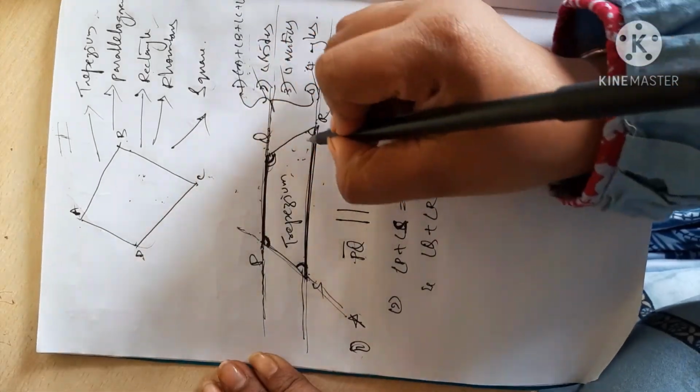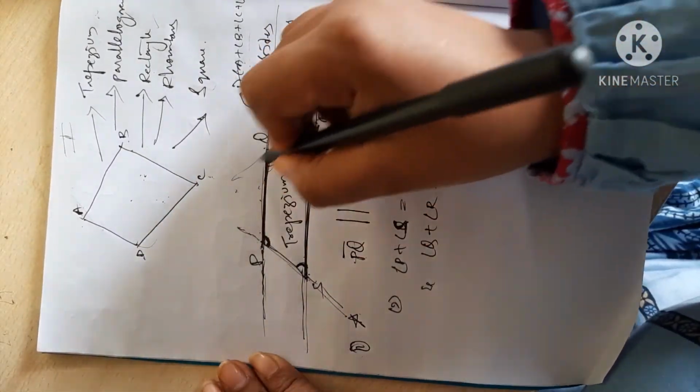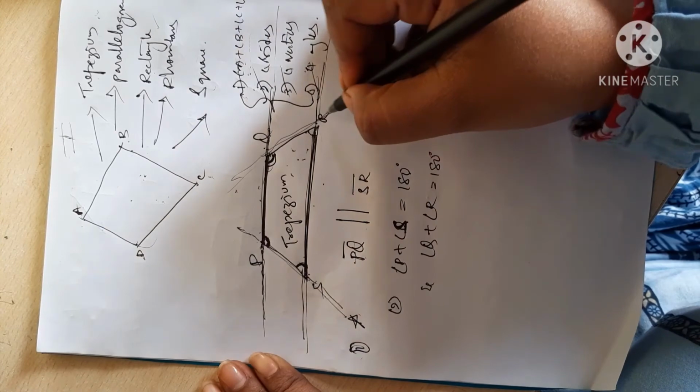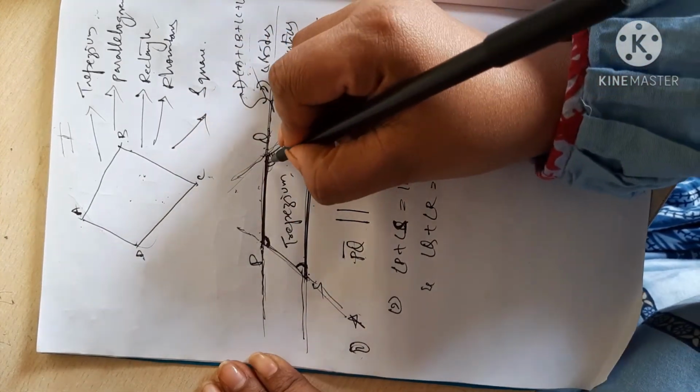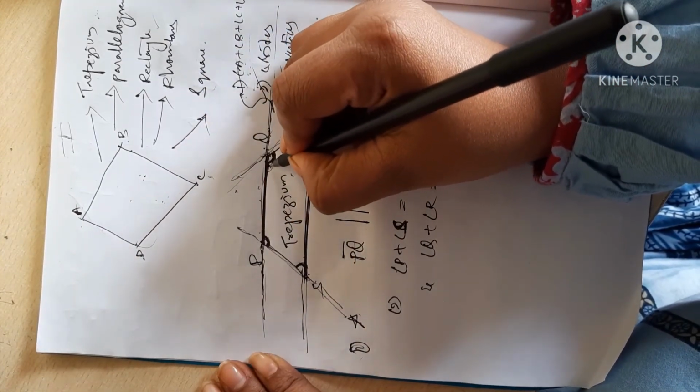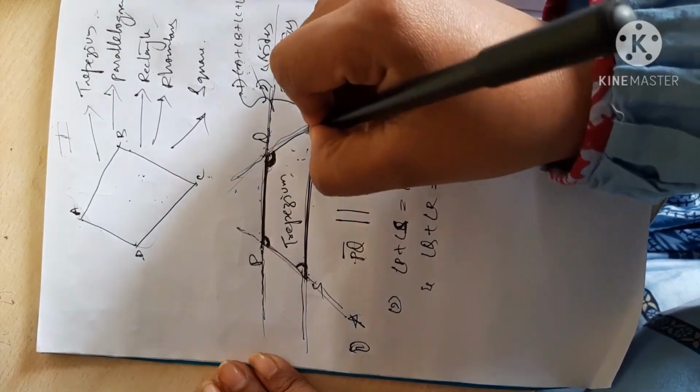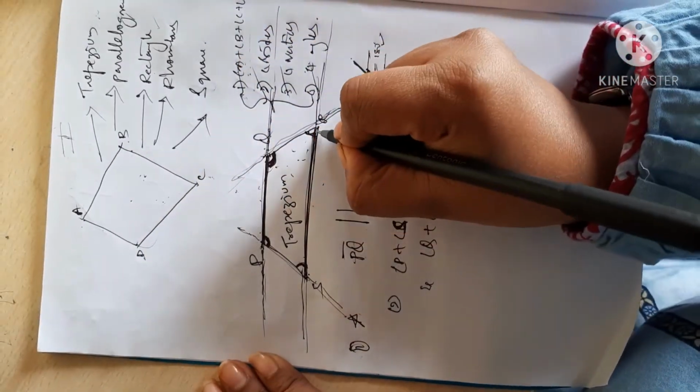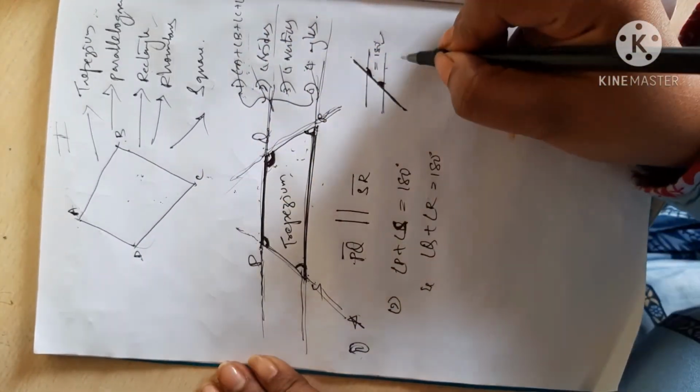Also these two are parallel and QR is a transversal if I extend like this. So the interior angles on one side of the transversal are angle Q and angle R. If you add these two, it will become 180.